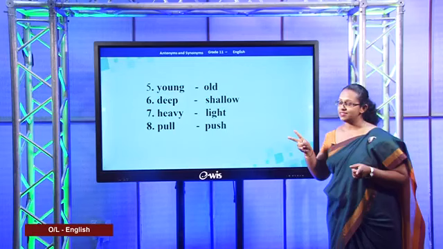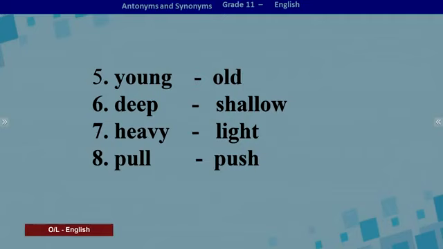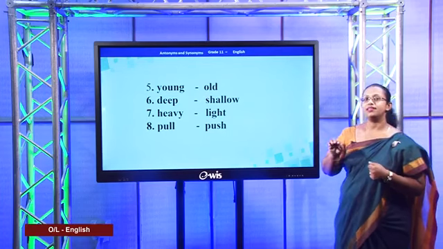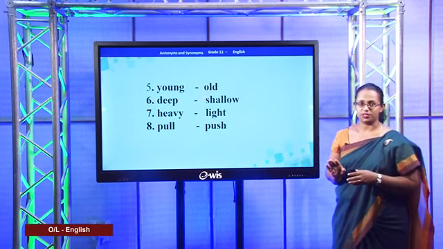The two ladies and the two tanks, deep and shallow. The elephant and the bird, heavy and light. And the two cars. One was pulling the car and the other one was pushing the car. Opposite of pull is push.